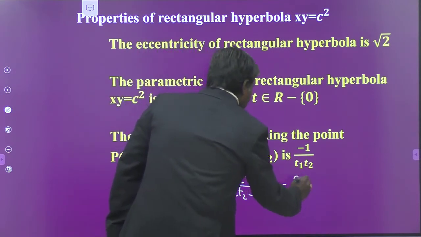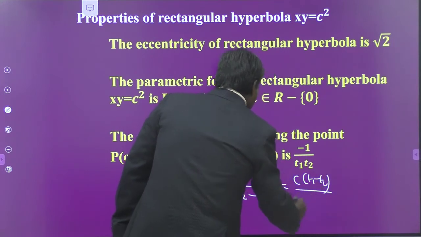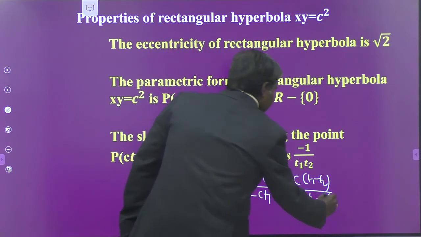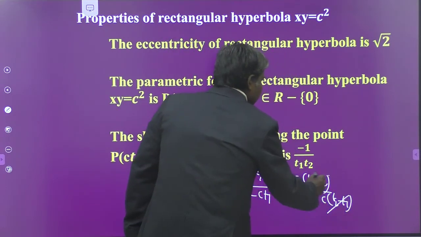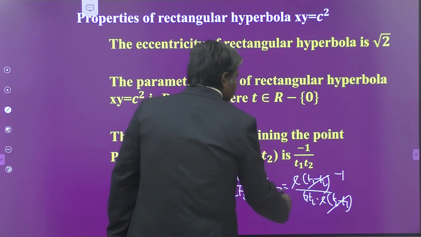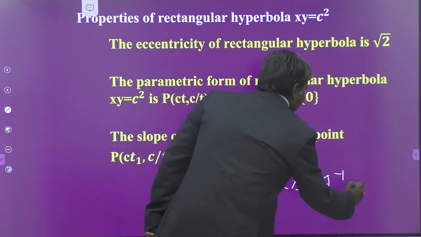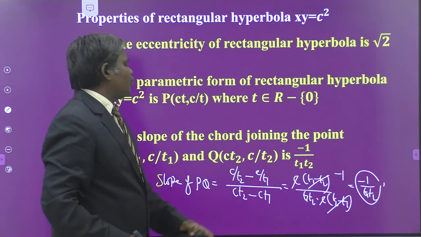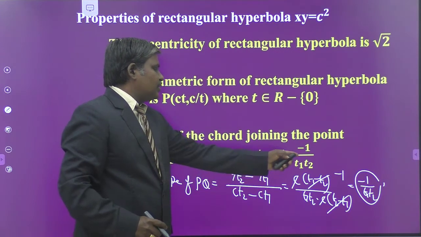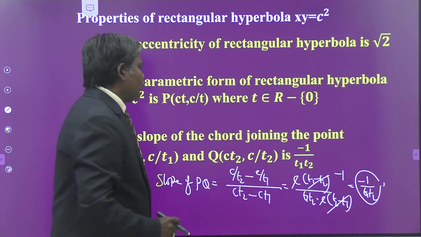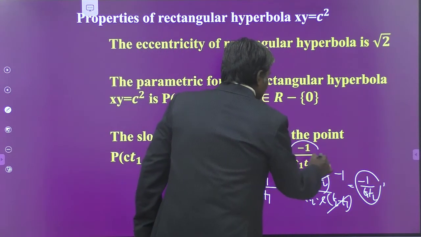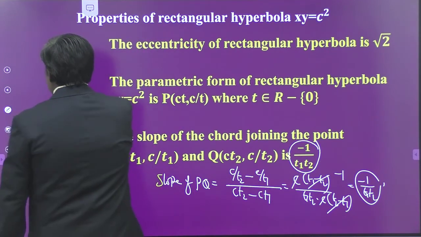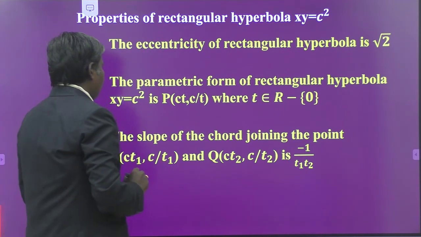That is nothing but c times t1 minus t2 by t1 t2 into c common, t2 minus t1. t2 minus t1 cancels out, giving minus 1, c also cancels, minus 1 by t1 t2. So the slope of the line joining the two points P of t1 and Q of t2 on the rectangular hyperbola xy equal to c square is minus 1 by t1 t2. Don't forget, this is the slope of the line joining the two points, minus 1 by t1 t2. Okay.